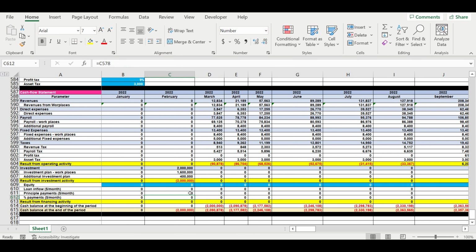So how it works: there is a last line in the cash flow statement called cash balance at the end of the period, and the rule is that cash balance at the end of the period has to be always positive or zero.